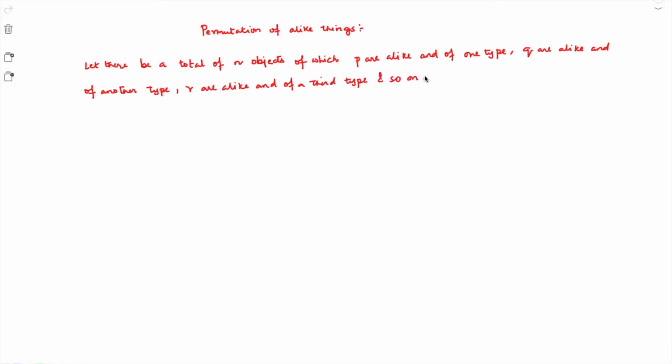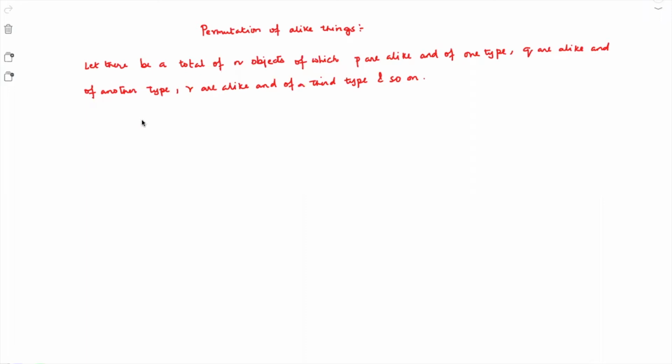That means in total there are n objects of which P are alike. That means P objects are similar and of one type. Similarly, you will have Q objects which will be similar of a second type. Then you will have R objects which will be similar but of a third type. And this can go on.